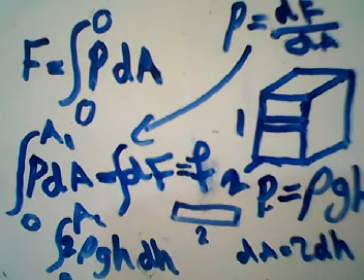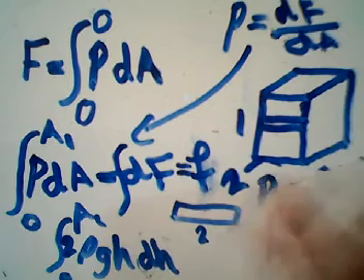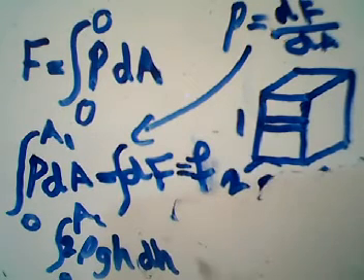Okay, and now we should find an antiderivative of 2 rho g h, this.